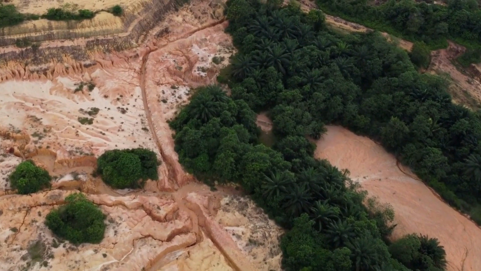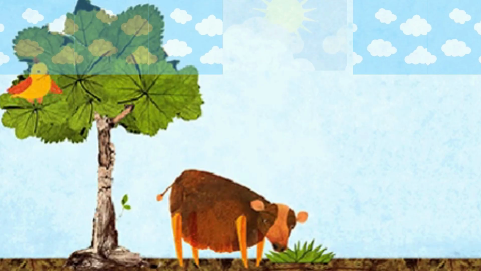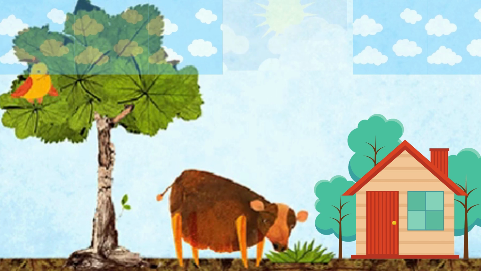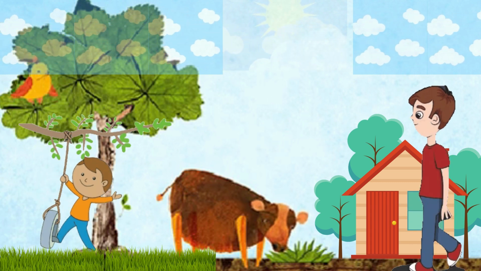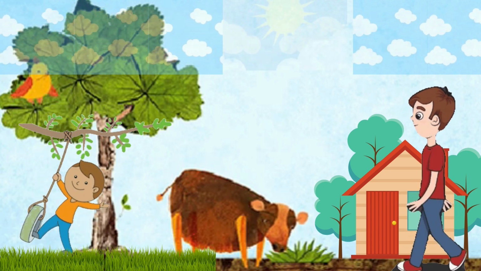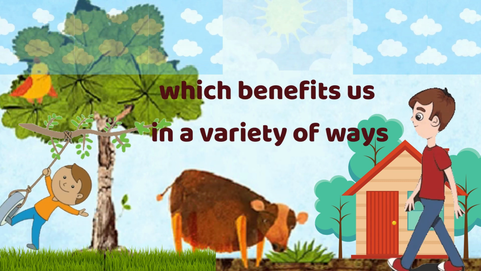Soil occupies the majority of the Earth's ground surface. Plants, animals, houses, and other species can all be found in the soil. We live on the ground, which benefits us in a variety of ways.